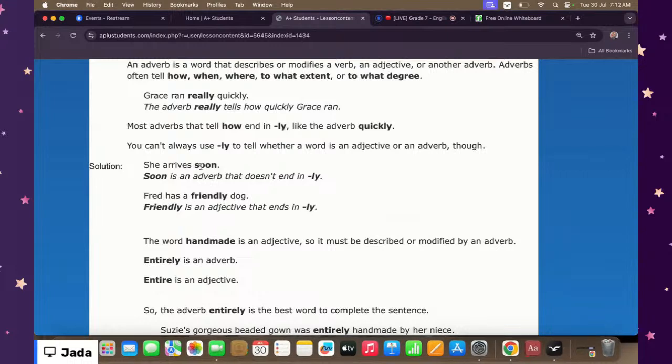So she arrived soon. Soon is an adverb that doesn't end in ly. Fred has a friendly dog. Friendly is an adjective that ends in ly. So in this situation, friendly is an adjective. So you see, sometimes you could have friendly as an adjective. So it just depends on your sentence. All right.